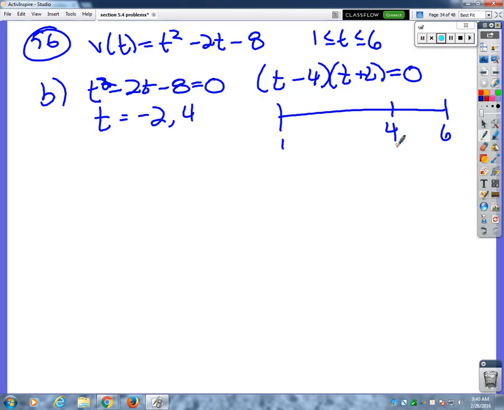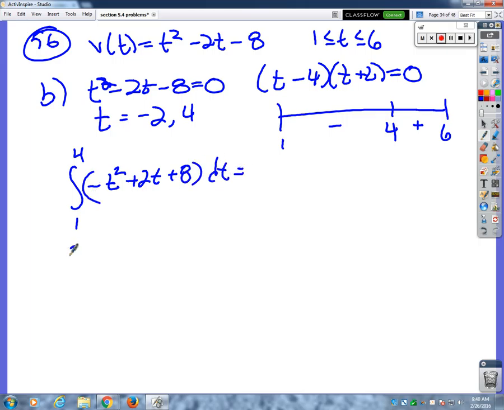So you want to plug in 3? Okay, so if you plug in 3, this one is negative, this one is positive, and negative times a positive is a negative, so it's going to be negative here and positive there. So that means I'm going to do the integral from 1 to 4 of the opposite of that, negative t squared plus 2t plus 8 dt.